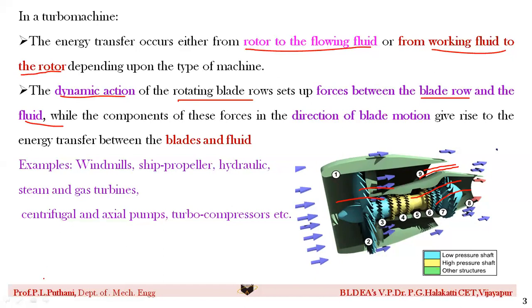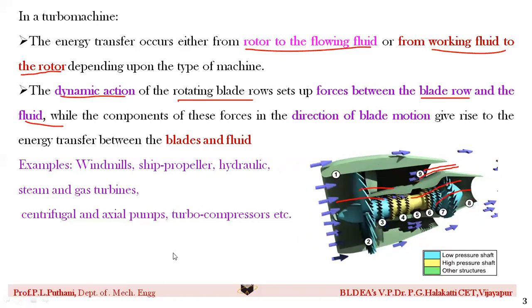Generally, these machines are used in windmills, ship propellers, steam turbines, gas turbines, hydraulic turbines, centrifugal and axial pumps, turbo compressors, etc.